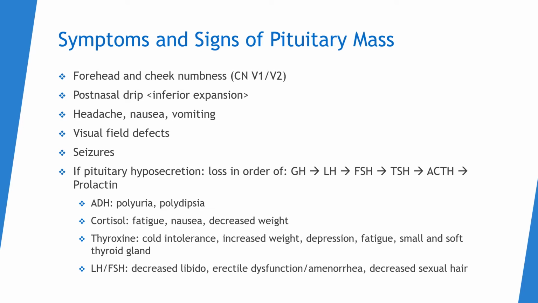If the pituitary secretion is affected, the hormonal secretion is lost in the order of growth hormone, luteinizing hormone, follicle stimulating hormone, thyroid stimulating hormone, ACTH, and prolactin. For ADH, cortisol, thyroxine, and LH-FSH, we have listed the symptoms that the patient may experience if these hormones are lacking.